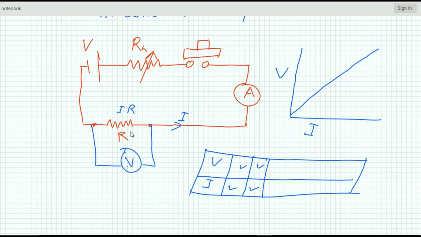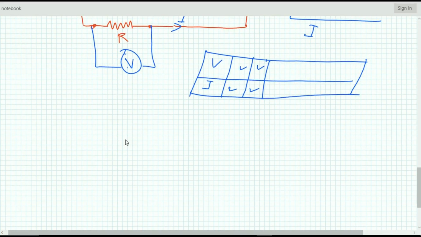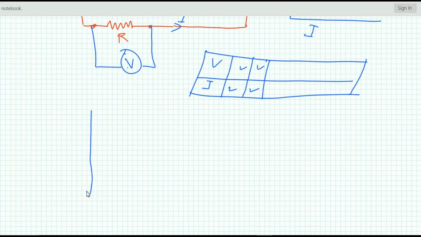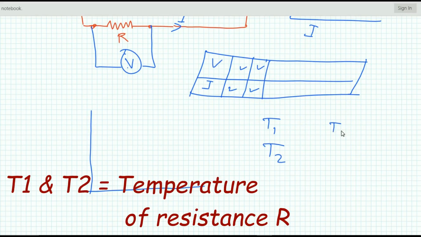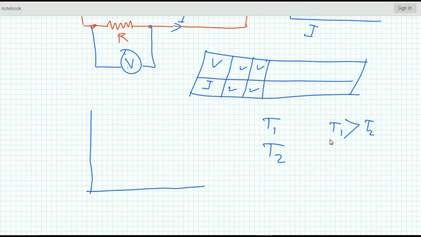And if we change the temperature, then what type of curve will we get? Suppose I am again drawing that curve, and here suppose T1 and T2. I want to plot the curve at 2 temperatures, and T1 is greater than T2, right? So at T1, which is the greater temperature, the resistor value will be more.